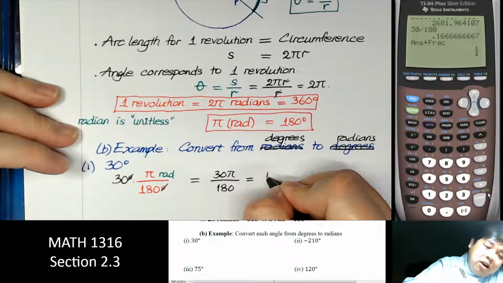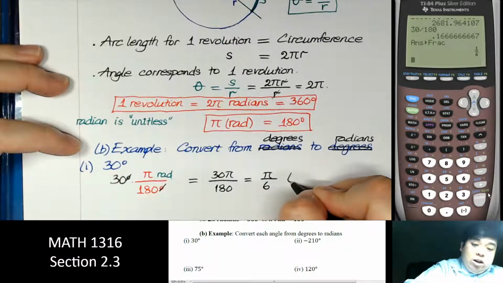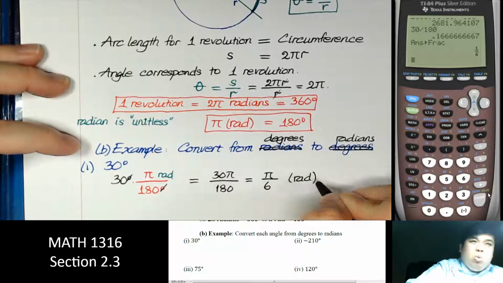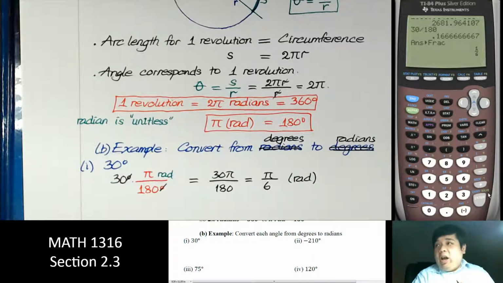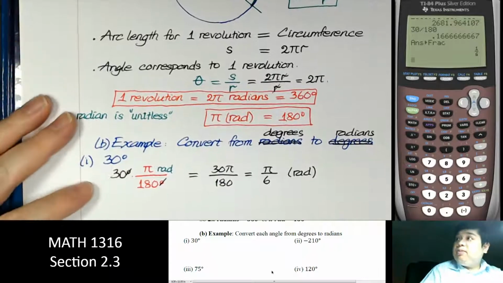So we just say pi over 6, and that will be good enough. We don't even need to write the radian, and if we write it, it's okay too. Like I said, radian is kind of nice. We can put it in or take it out whenever we want for a measure of an angle.